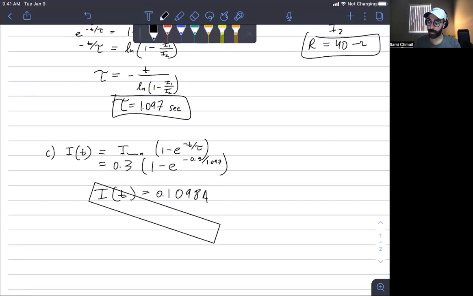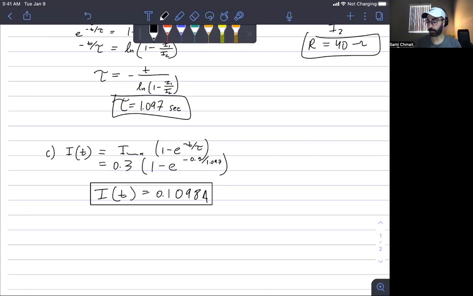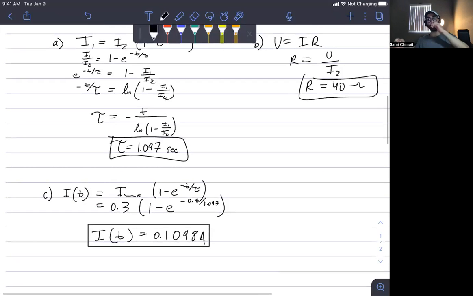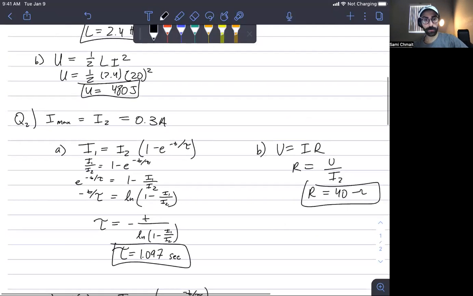And that tau is a measure of how fast it's charging or discharging. So that's why it's consistent and kind of intrinsic to the system itself. That value tells you its capacity to charge and or discharge. Okay, where tau equals L over R. All right, so that's Q2.